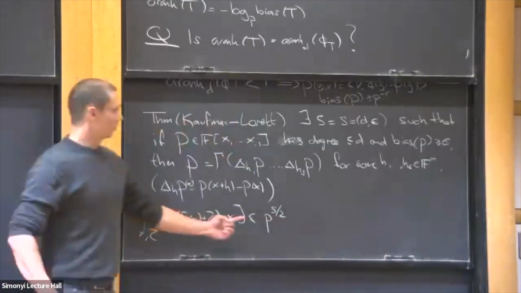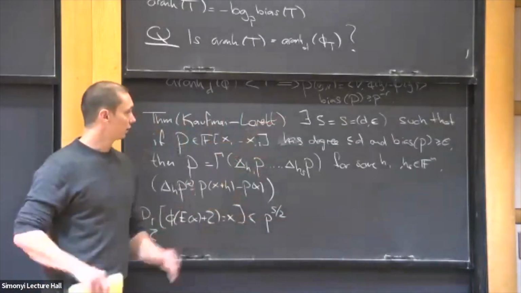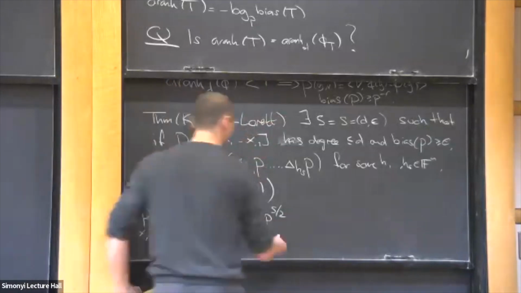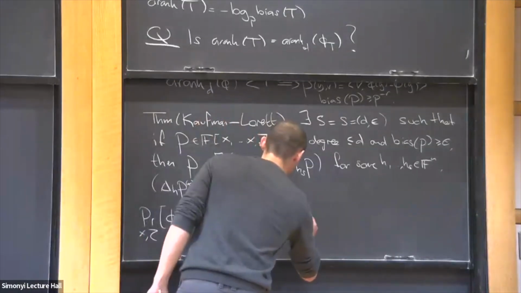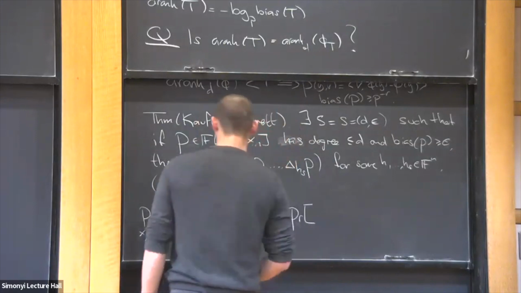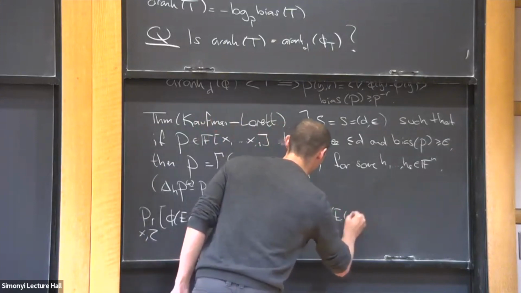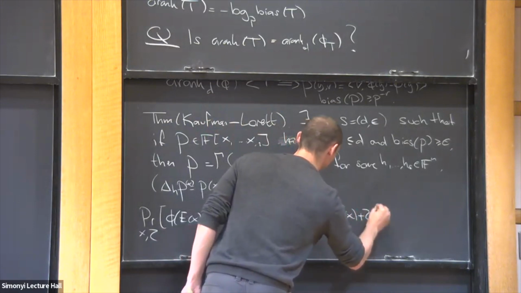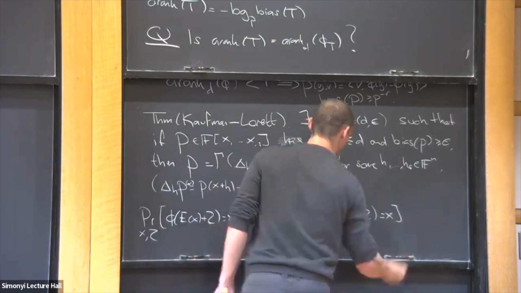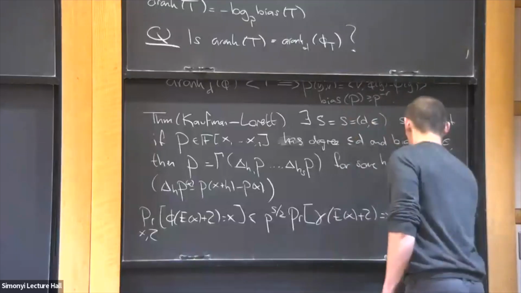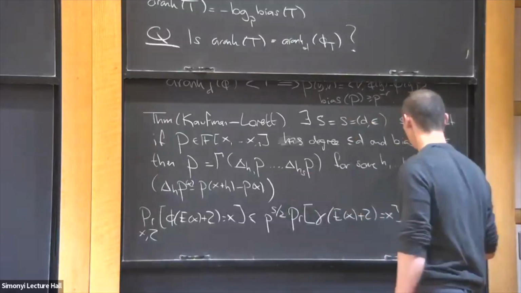So S here is some constant that depends only on the degree and the epsilon of our choice, times the probability of a similar expression, gamma(X, Z) is equal to X, for some gamma whose degree is strictly smaller than that of psi.